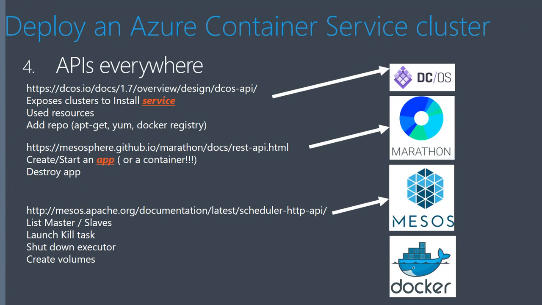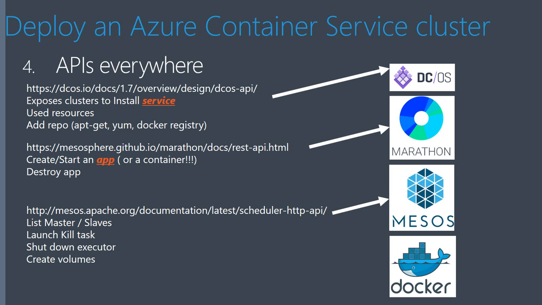Okay, so let's see everything in one picture. The summary is that there are APIs everywhere, right? In the top layer of abstraction, we have DCOS, and if you have a look at the API reference documentation, you will notice that DCOS is all around services, also how to install services.